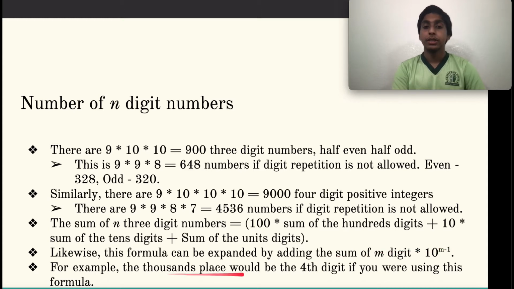For example, the thousandth place would be the 4th digit, so then you could just plug in, and based on that, you could derive a new part of this formula. And based on that, if you add it all together, you could find a sum of n 4-digit numbers and expand it to 5-digit numbers, 6-digit numbers. So based on this, you can just make your addition much simpler.